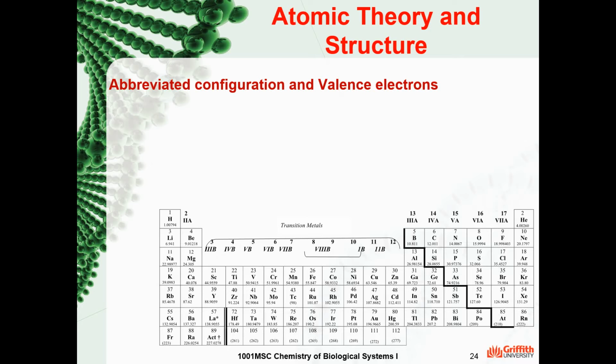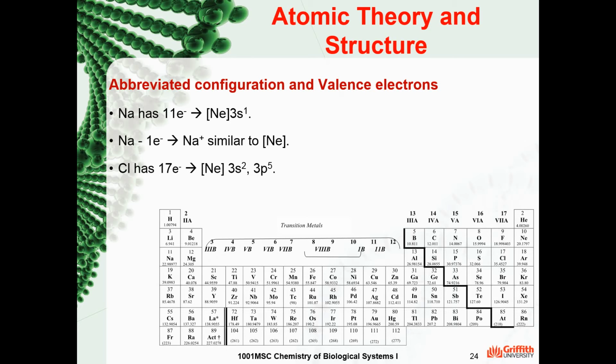Let's look at some more examples. Sodium has 11 electrons, so when it loses 1 electron, it becomes a positive ion with a structure similar to neon. Chlorine has 17 electrons, and has the abbreviated electron configuration [Ne]3s2 3p5.